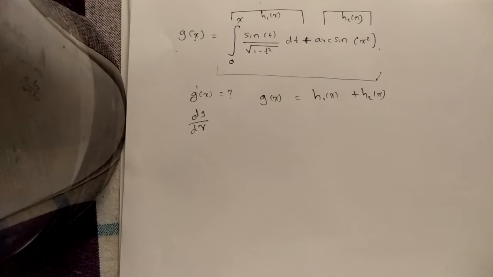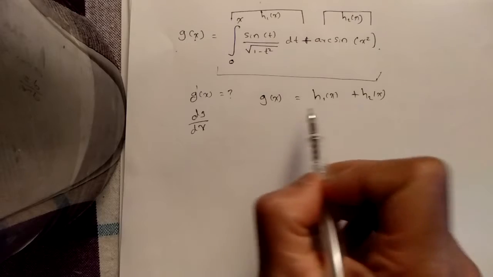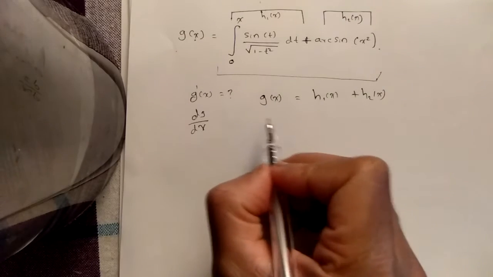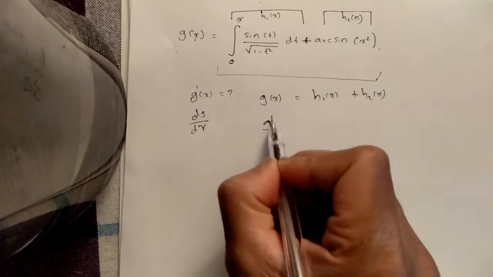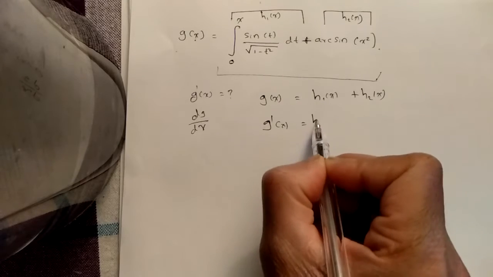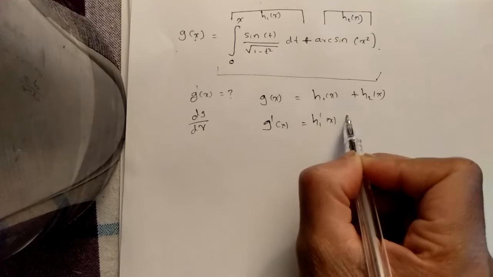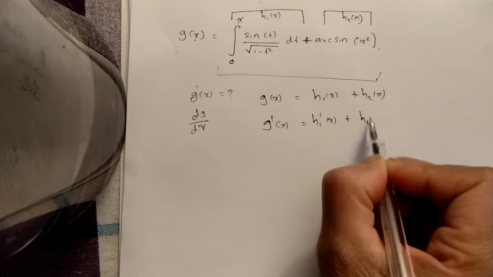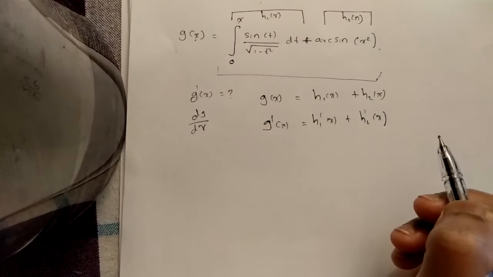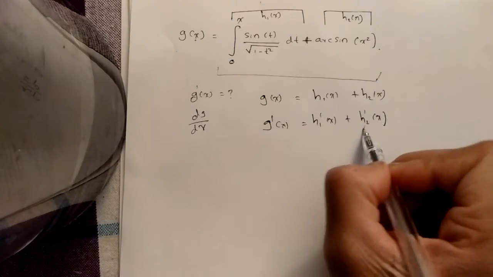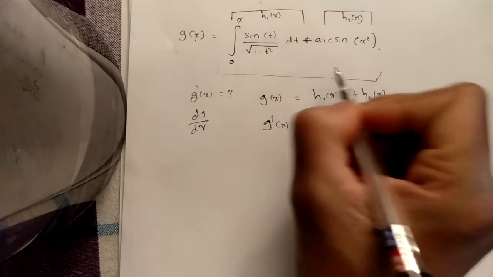And as we have that, when we are supposed to differentiate this given expression, g prime x will be equal to, this comes from the derivative rules, right? h1 prime x plus h2 prime x, right? Okay, how about h2 prime x?